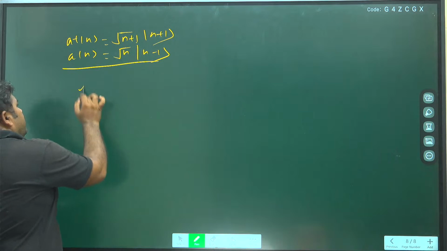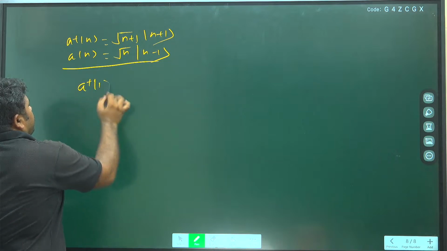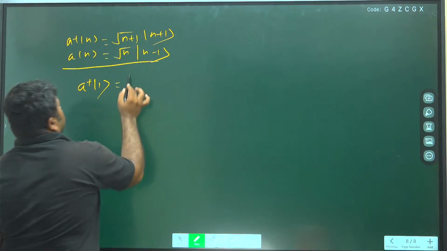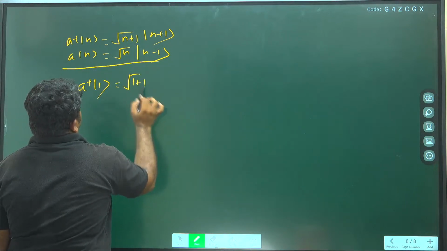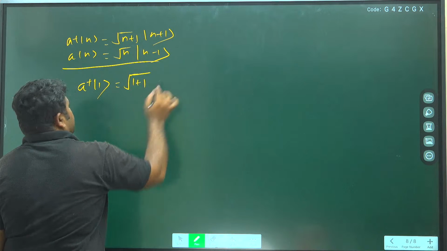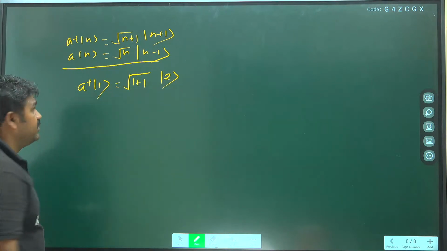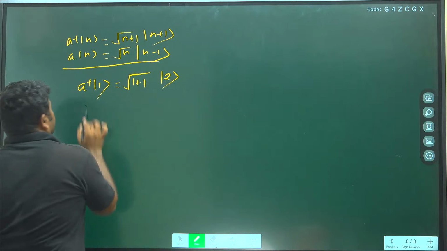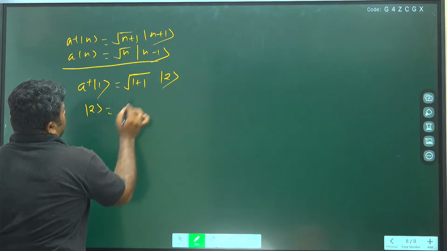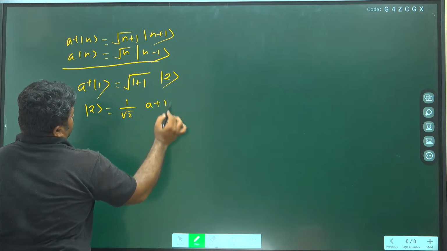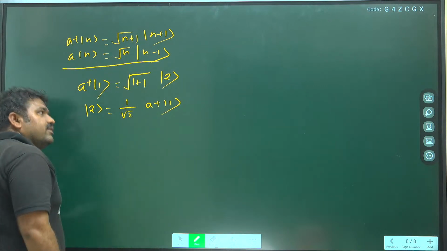Suppose A dagger operates on ket 1. What happens? A dagger operate on ket 1, we're getting root 1 plus 1. N is replaced by 1 here, and the state becomes 2. State becomes 2, understand? Next, how can we write ket 2? So ket 2 is equal to 1 upon root 2 A dagger ket 1. We can write it like this, no problem.